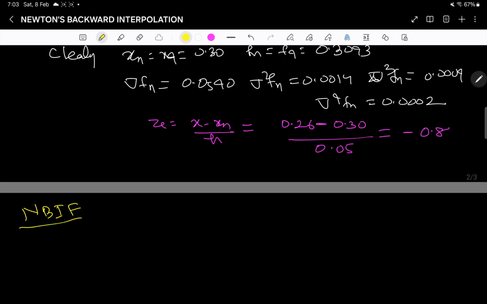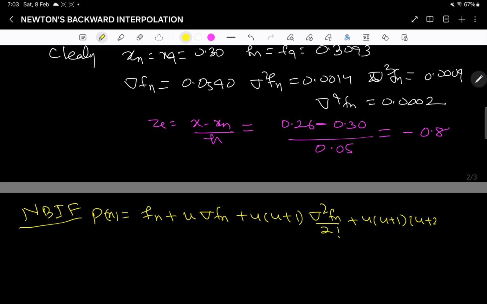So p of x is equal to fn plus u into del fn plus u into u plus 1 into del square fn by factorial 2 plus u into u plus 1 into u plus 2 into del cube fn by factorial 3 plus so on.